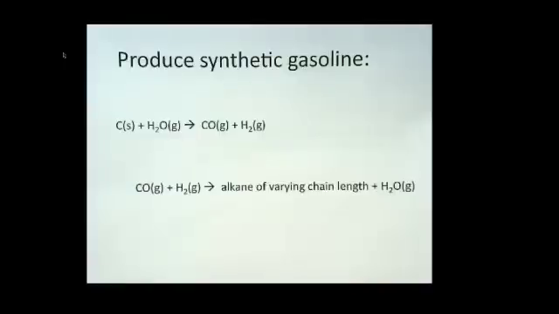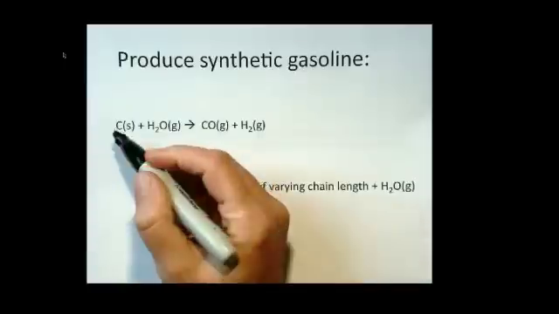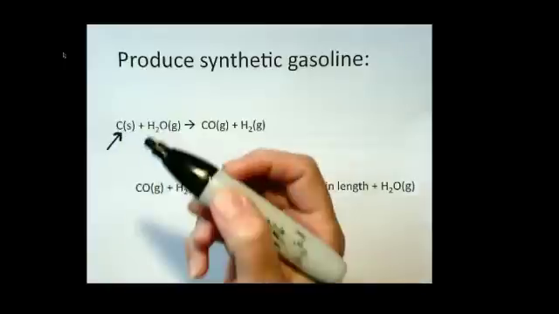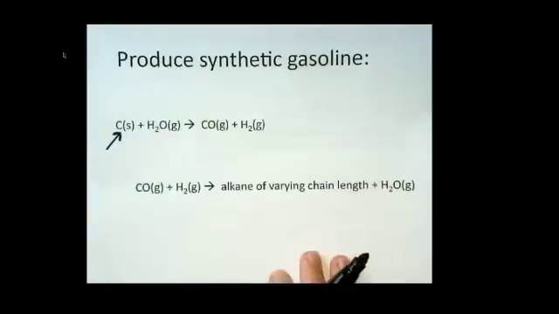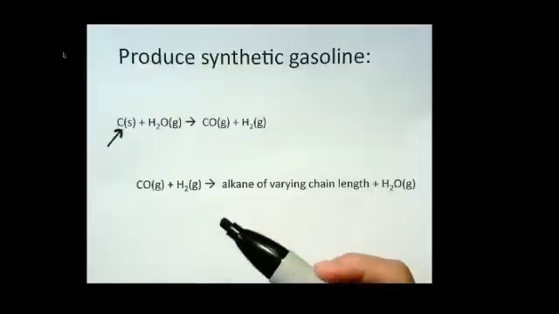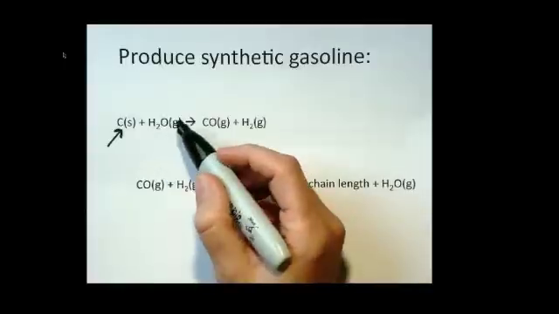But in this type of synthetic gasoline, what you do is you take coal, and this carbon stands for the carbon from coal, and the coal has been treated somewhat to remove some of the volatile compounds and some of the other minerals, and then you mix that with steam.